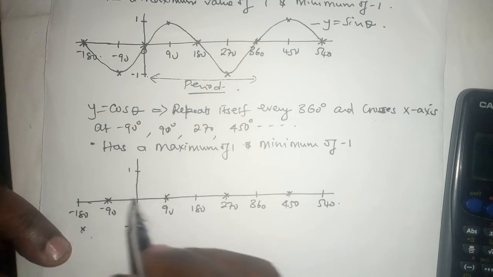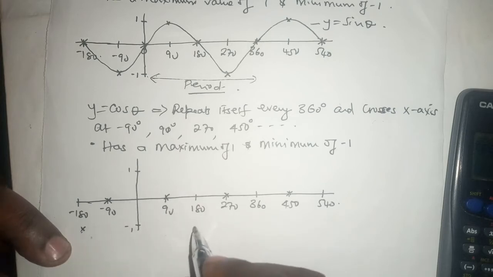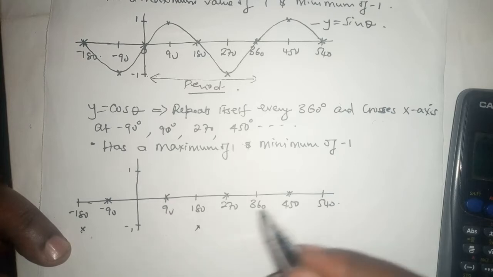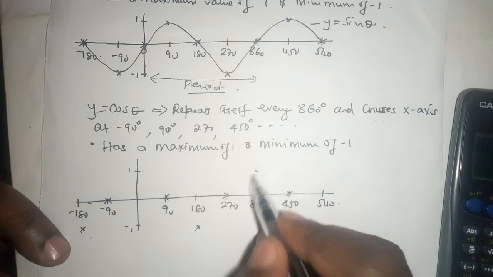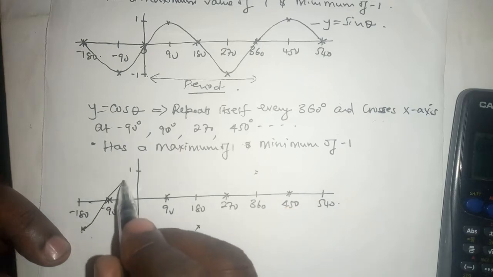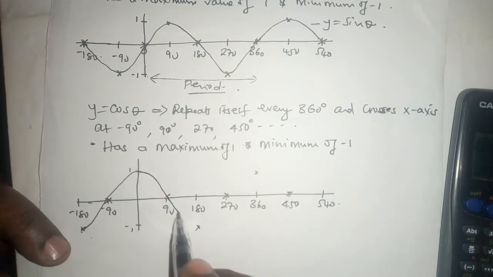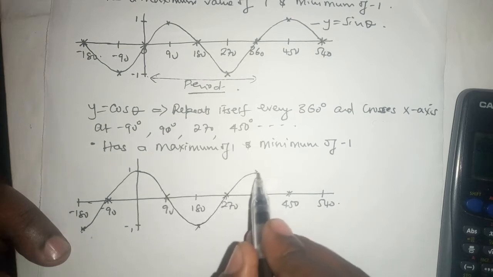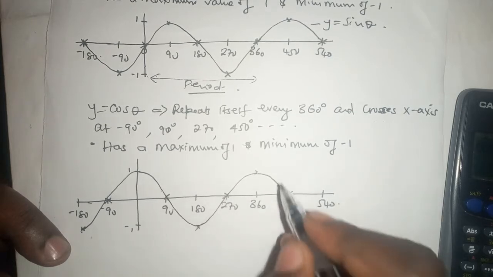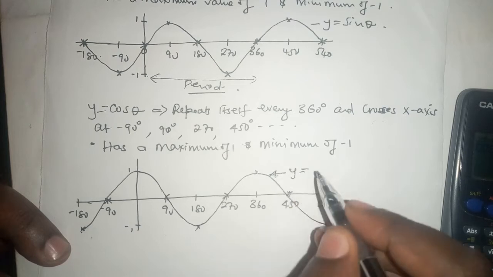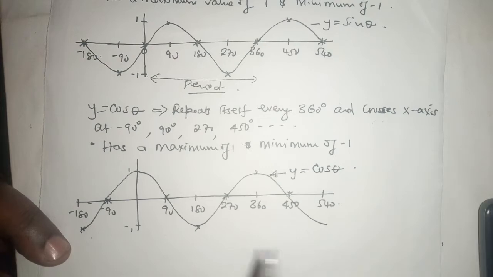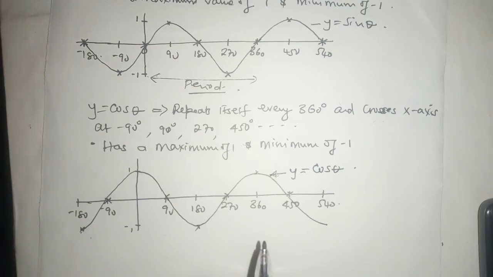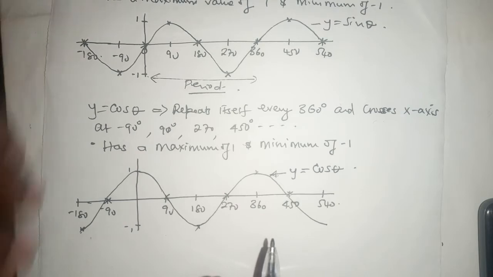If this graph is allowed to have a normal flow, it's simply going to behave like this. So this is the graph of y equals cosine theta. That is just the graph of y equals cosine theta.